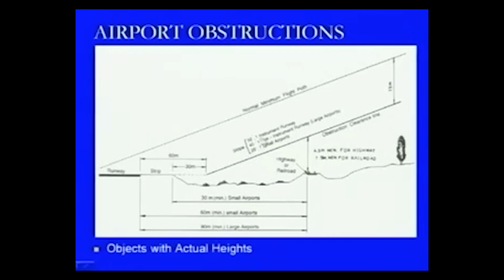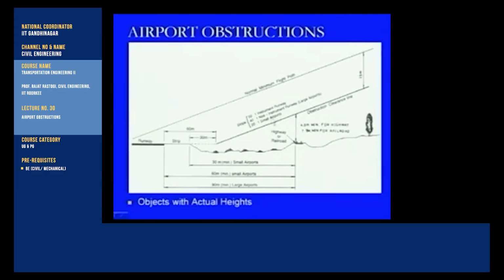It is 50:1 for instrument runway, 40:1 for non-instrument runway in the case of large airports, and 20:1 for small airports. So, this is the slope at which this obstruction clearance line will keep on moving, and there should always be a distance of 15 meters between the obstruction clearance line and the normal minimum flight path.